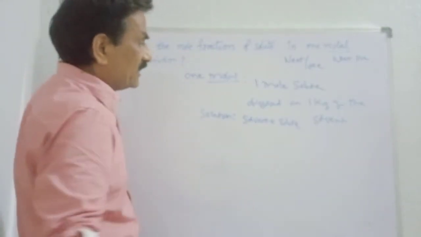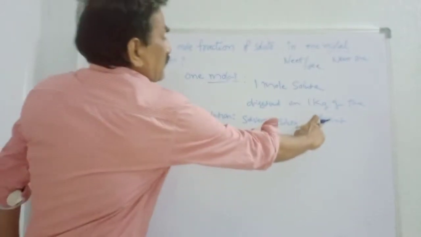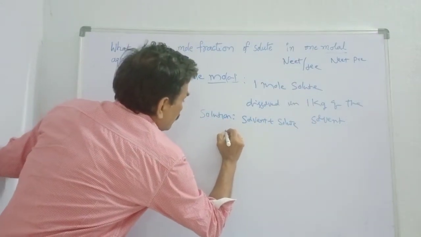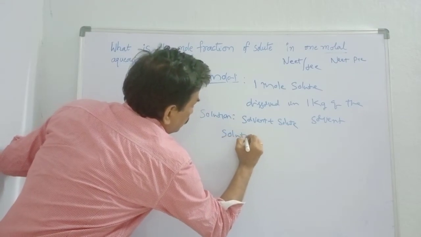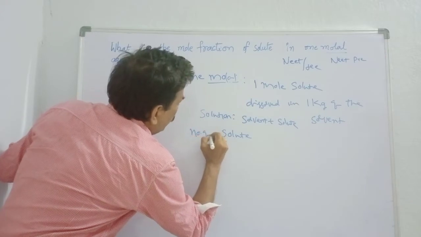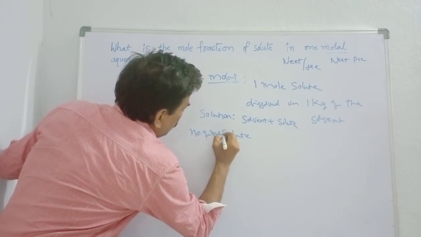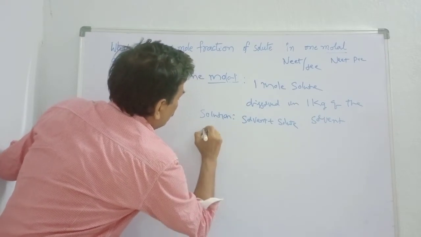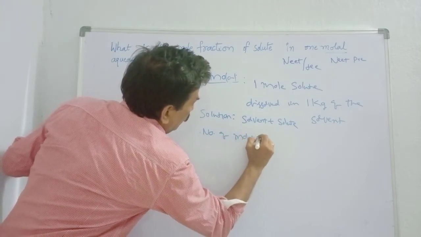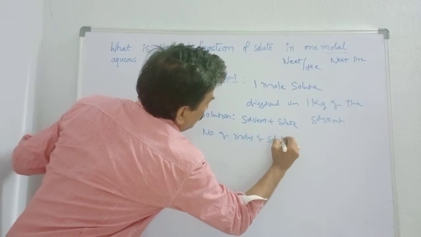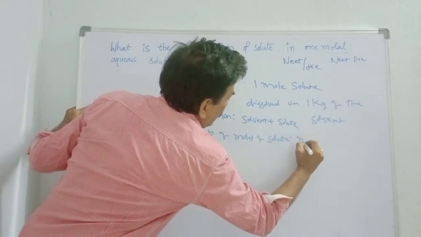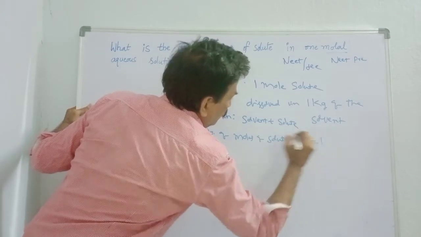You please listen to what I am telling you. 1 mole solute, number of moles of solute. How much? 1 mole. You say Na is equal to 1 mole.